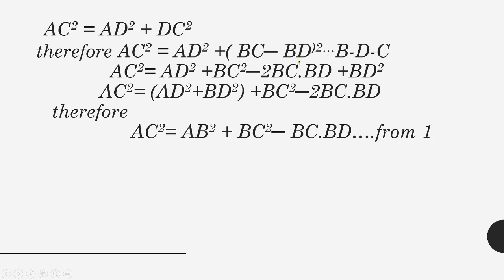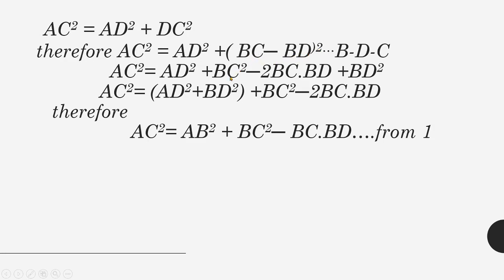B, D and C lie on the same segment BC. Now AC square remains the same, equal to AD square plus, now we are going to solve the bracket BC minus BD squared. Use the (a minus b) whole square formula.